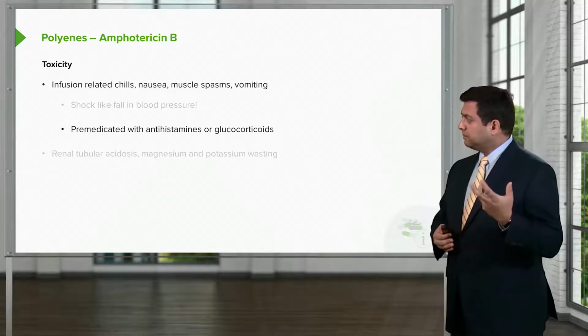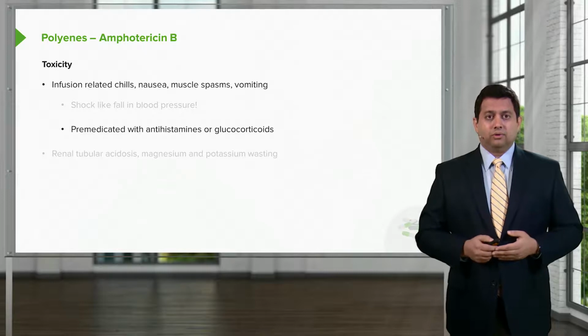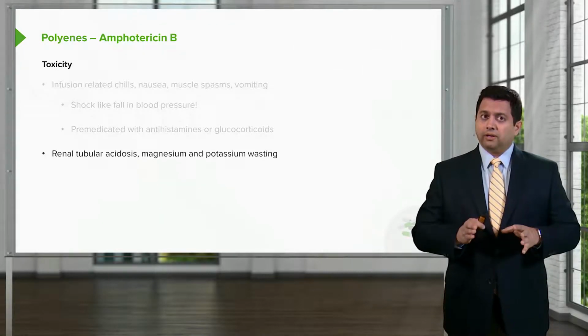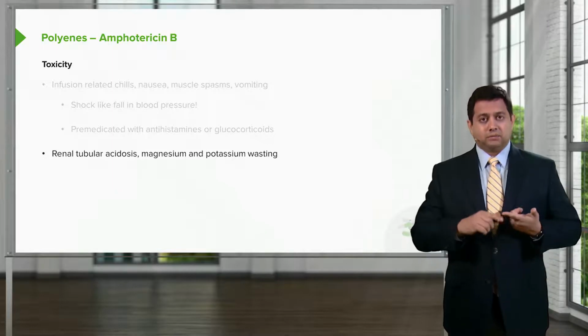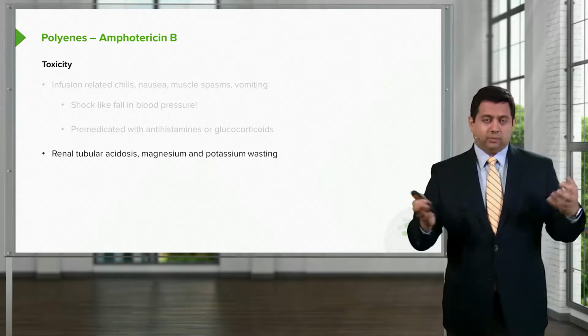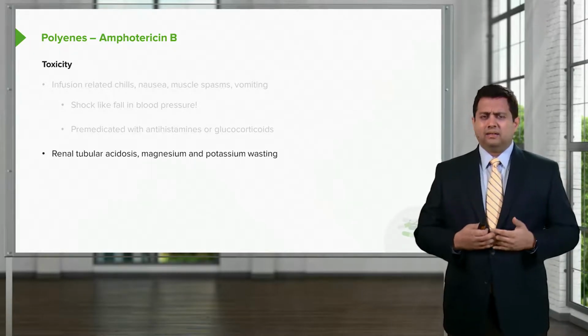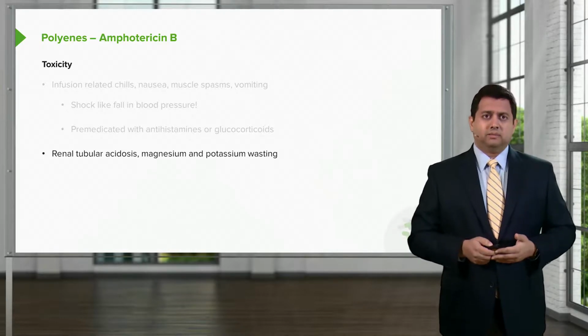So a lot of times we will pre-medicate these patients with antihistamines or even glucocorticoids. You have to be very aware that Ampho B can cause renal tubular acidosis, and it can cause magnesium wasting and potassium wasting. The magnesium and potassium wasting kind of come hand in hand. Most of the time when you have magnesium wasting, you're also going to have potassium wasting.